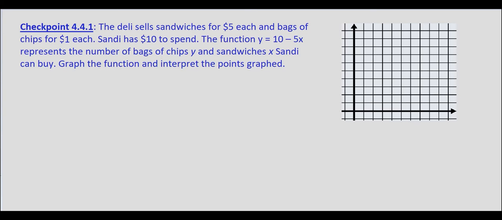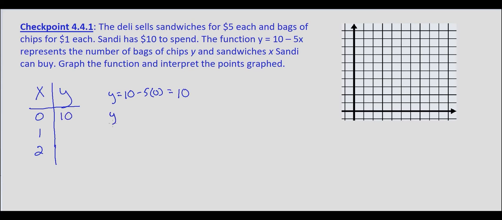So the first thing we want to do is make a function table here for x and y. Now we'll determine what y will equal if x equals 0, 1, and 2. If x equals 0, y equals 10 minus 5 times 0, which equals 10 minus 0, which is just 10.